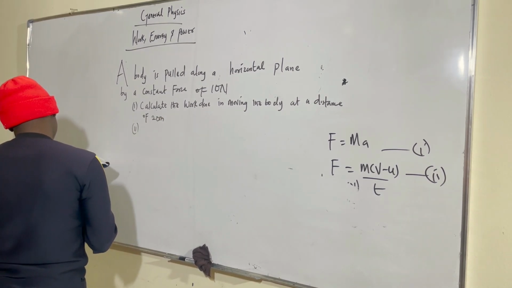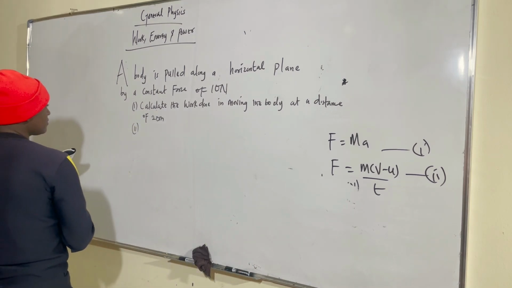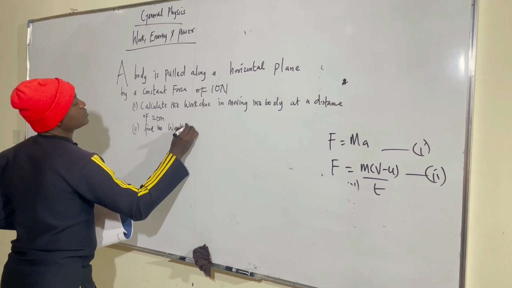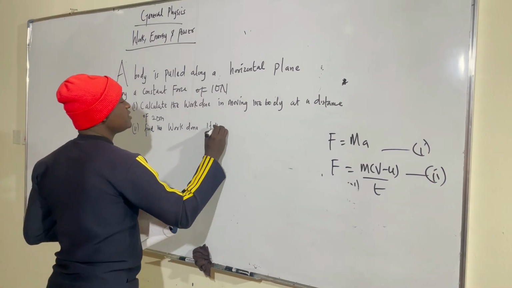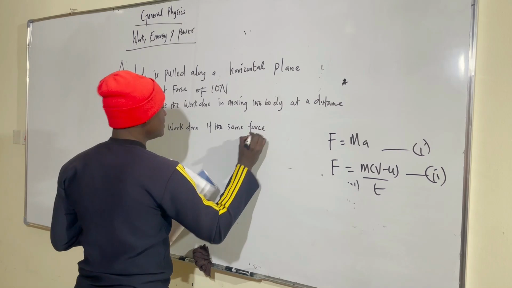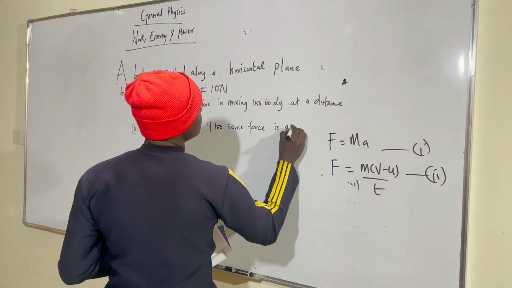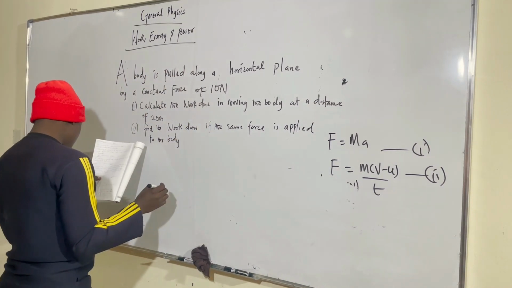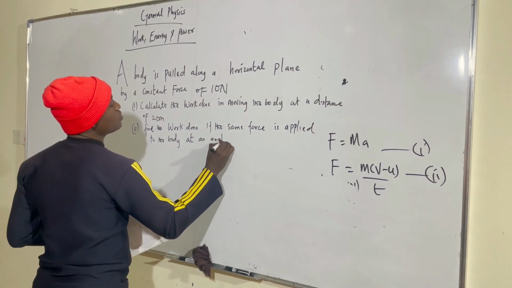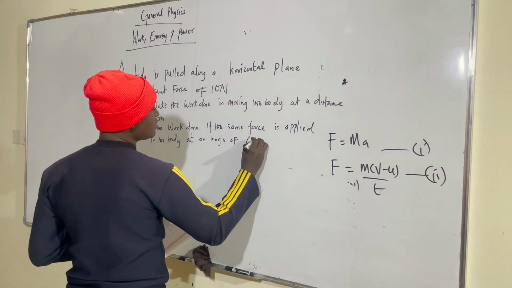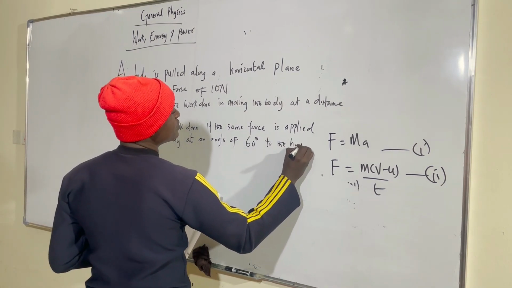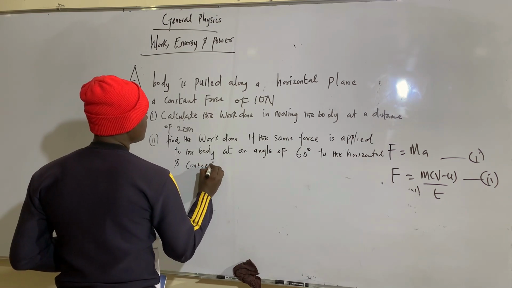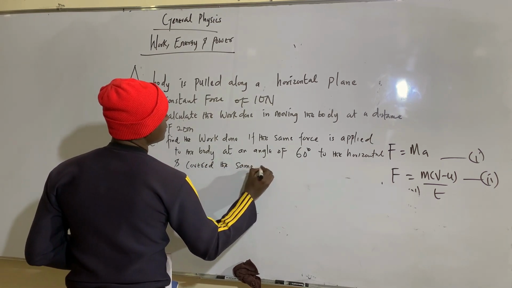As the first question, the room have got 2. Let's assume they said find the work done if the same force is applied to the body at an angle of, let's say, 60 degrees to the horizontal, and covered the same distance.